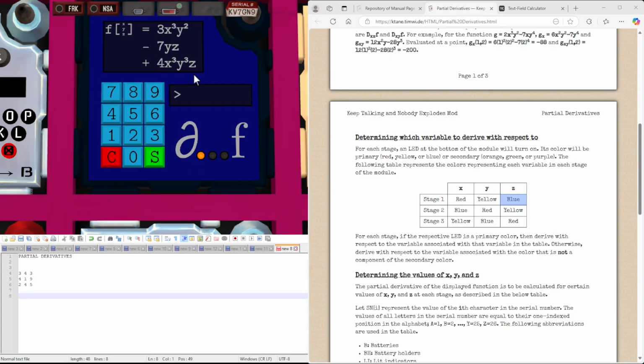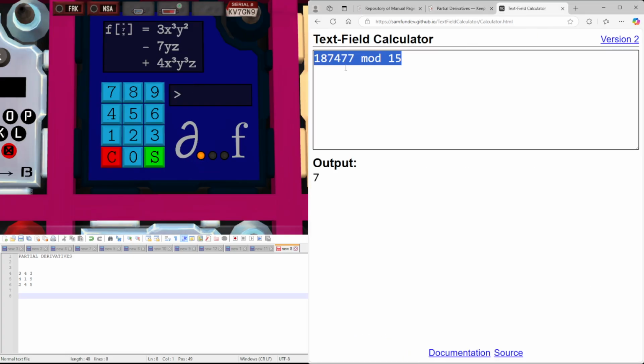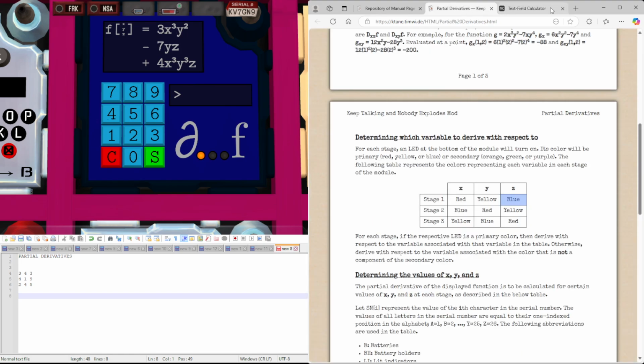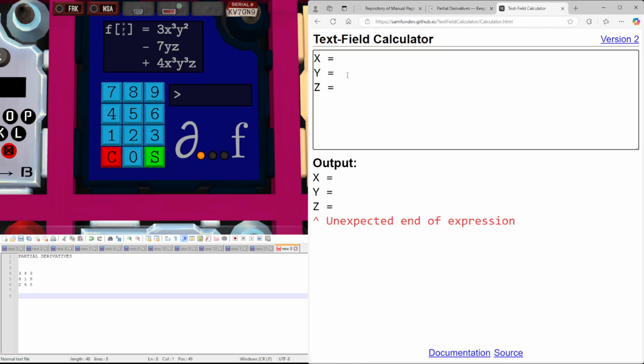So deriving with respect to Z, the first term goes away. We get nothing from the first term, so it just goes away.